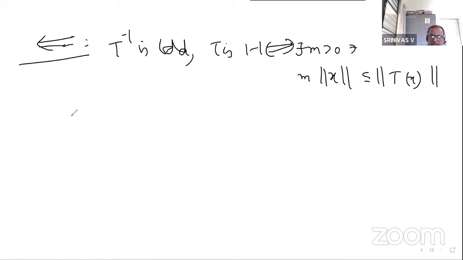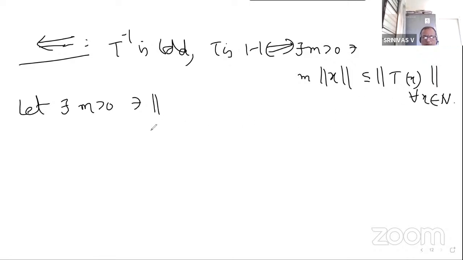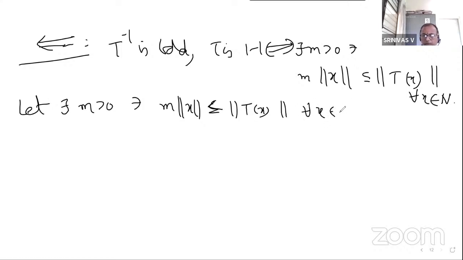I want to assume this and obtain this. So let there be a positive M such that M norm X is less than or equal to norm Tx for all X in N. Okay, let me assume this and I'll obtain this.